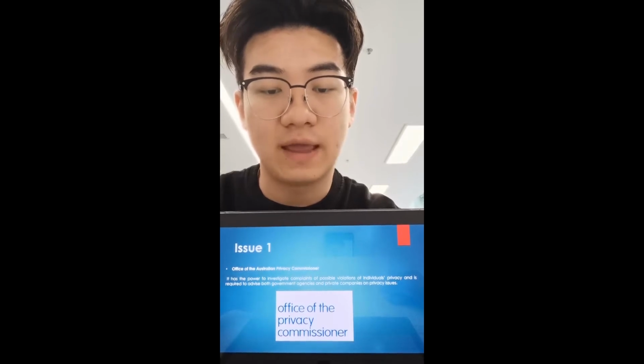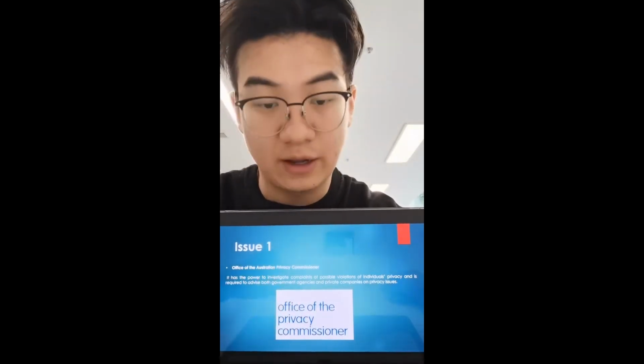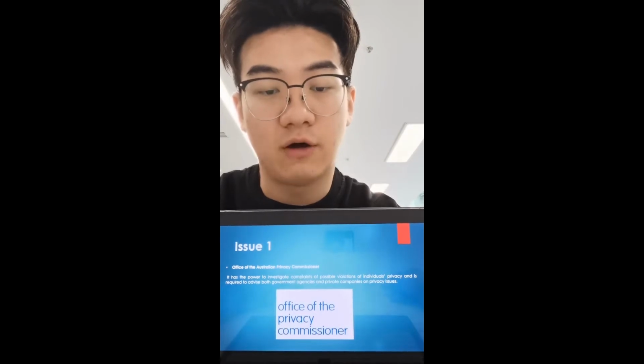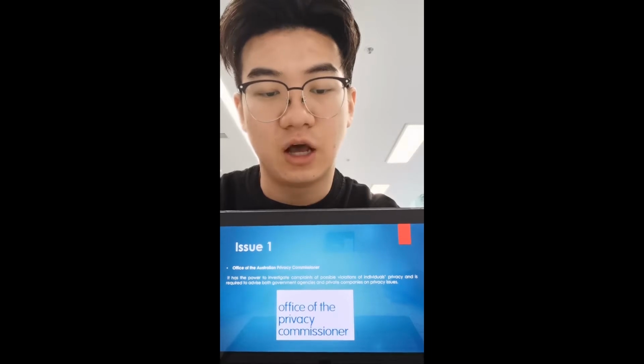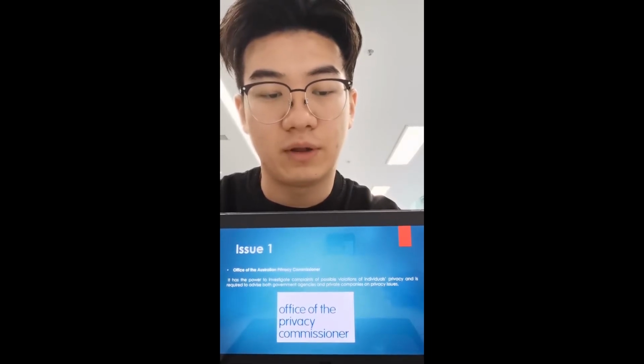The first one, as you can see here, is about the Office of the Australian Privacy Commissioner, which is the office established by the Australian Parliament.